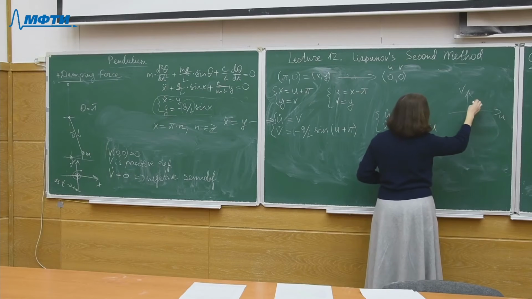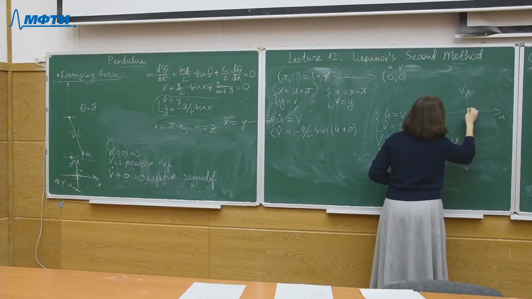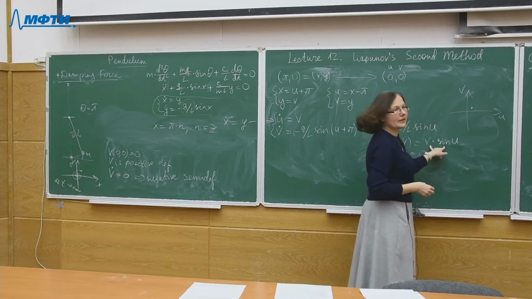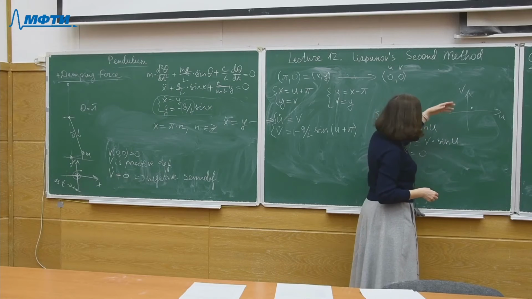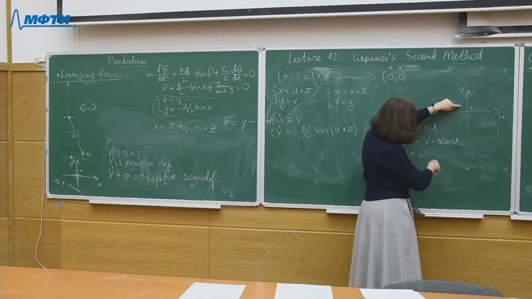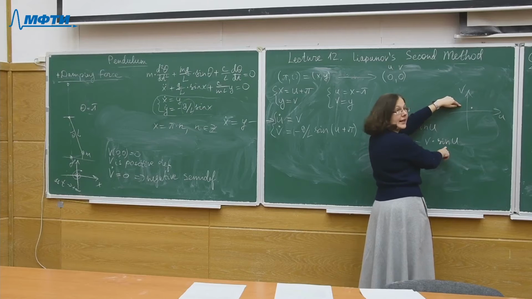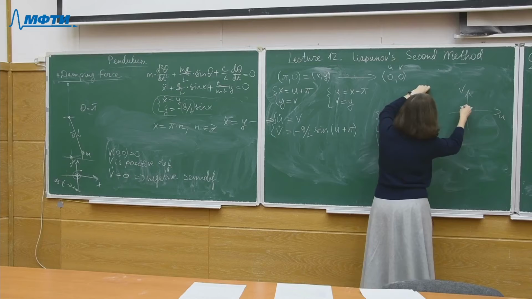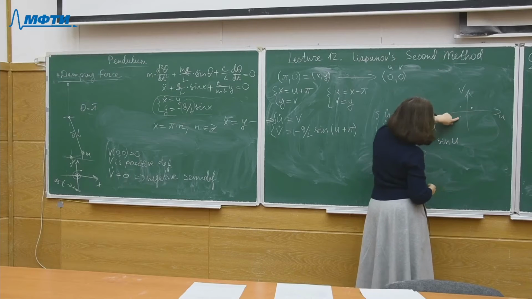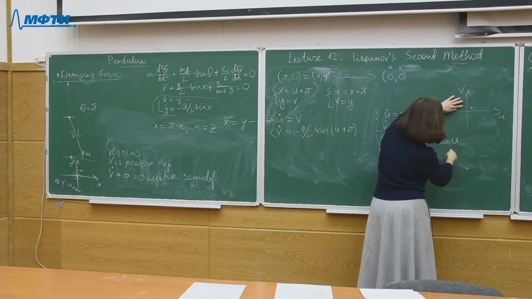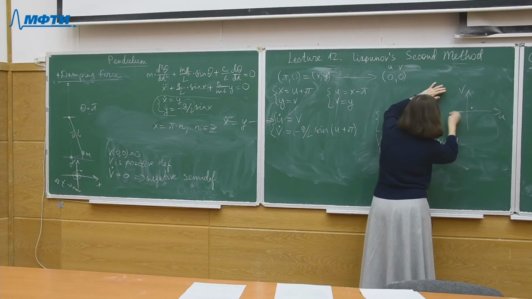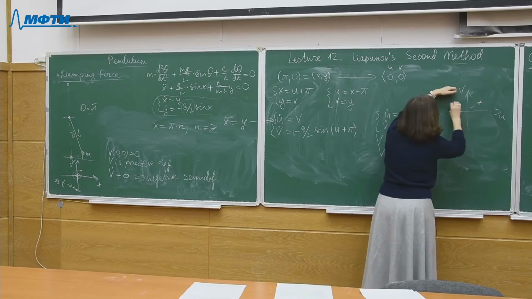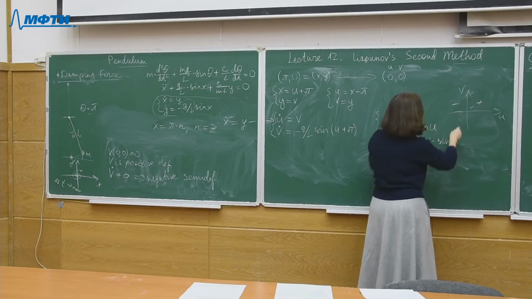If we take a point near 0 from the first quadrant, then both are positive. If we take a point from here, then v is positive and sine u is negative. Here sine u is negative, v is positive, so the product is negative. If both are negative, the product is positive.